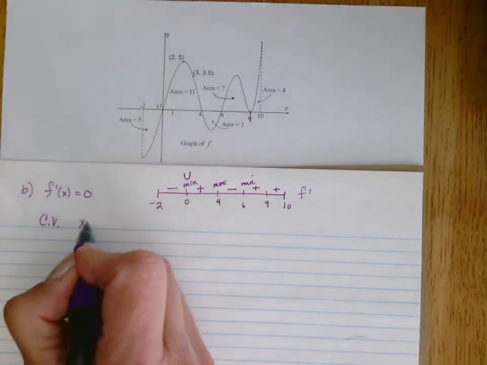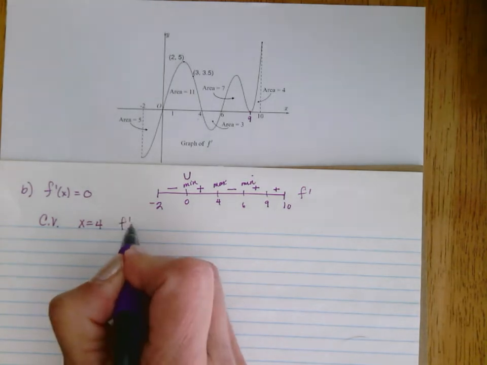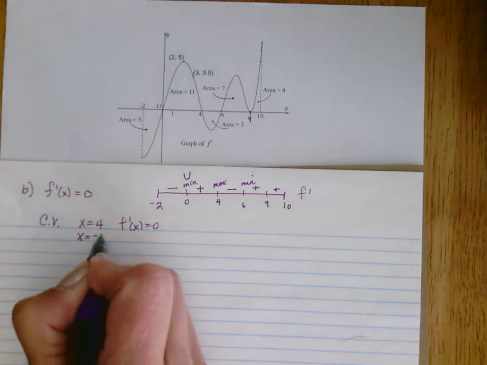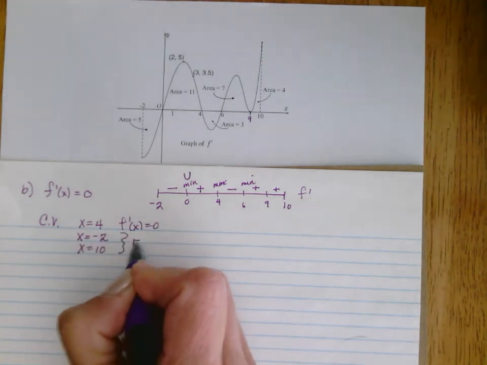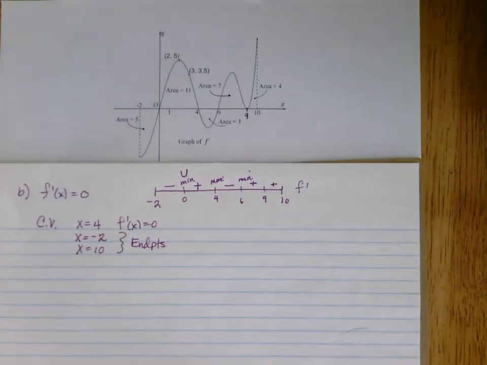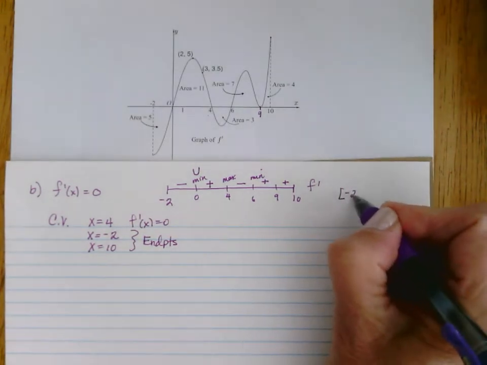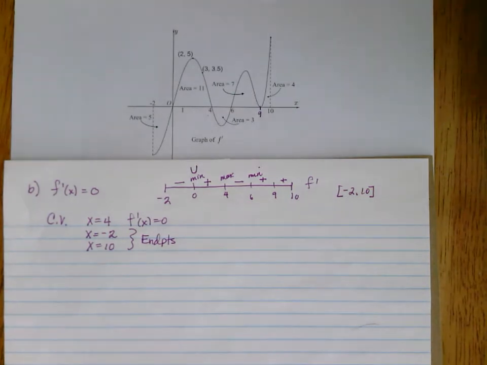So my critical values for my first derivative for absolute maximum, I'm going to use x equals 4. This is where f prime is 0. And then I also need x is -2 and x is 10 because these are endpoints. And remember, if we have a closed interval, which we do, closed interval -2 to 10, we're guaranteed an absolute max and min.